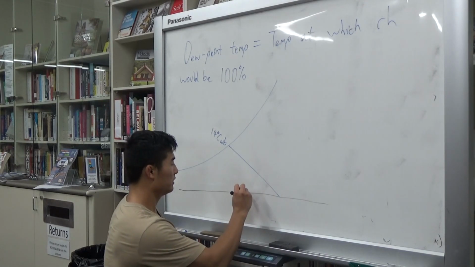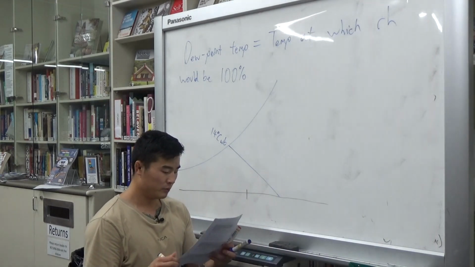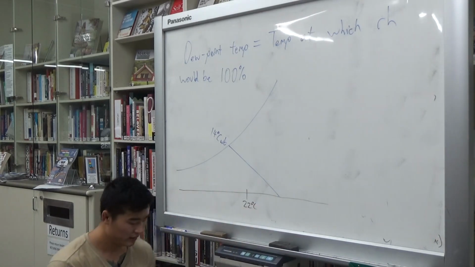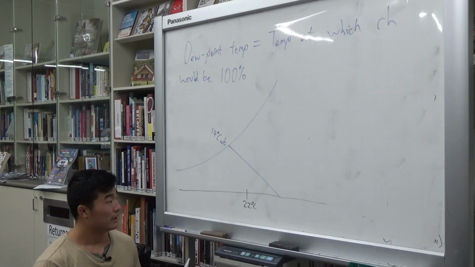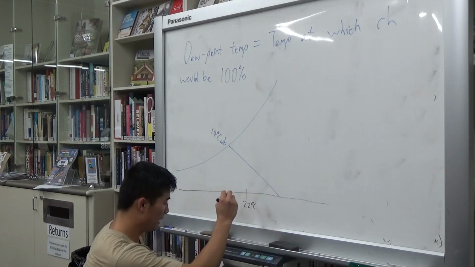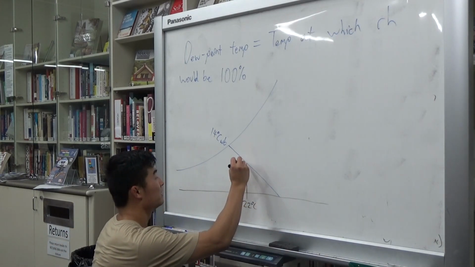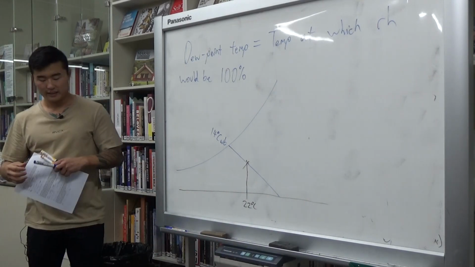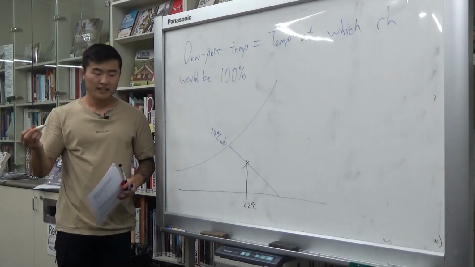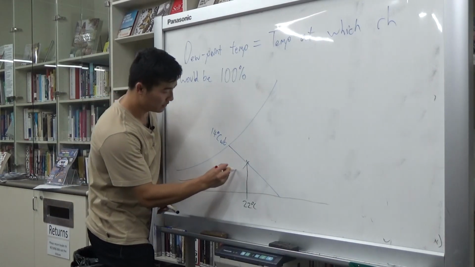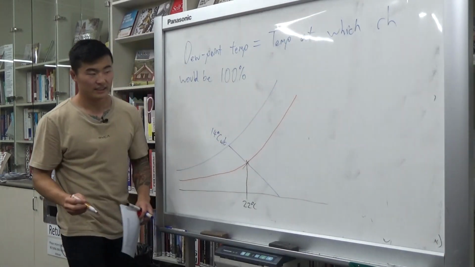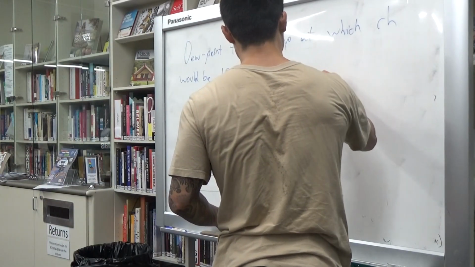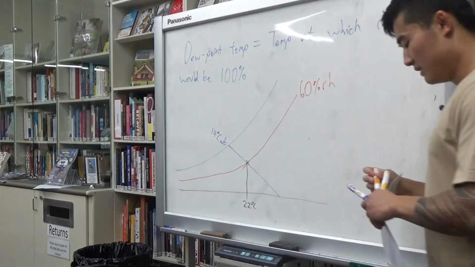So you're going to find 22 degrees Celsius there. And then you're going to see where they intersect. So it's going to be at this point here. Okay. And then you're going to find the relative humidity line, which intersects at that point there. And that's going to be the 60% relative humidity.